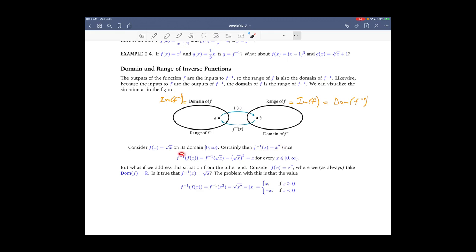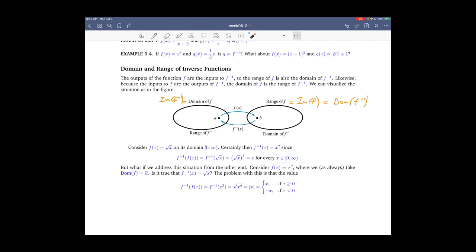If we apply g to f of x, right, f of x is root x. So g of root x is simply root of x squared, and that is x for every x for which this makes sense, namely for every x non-negative.